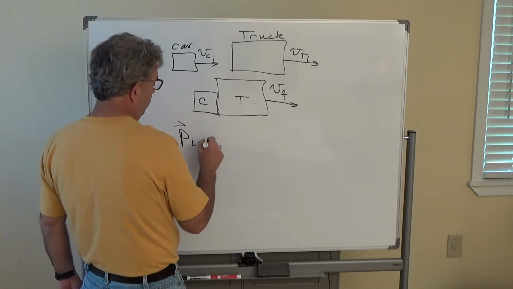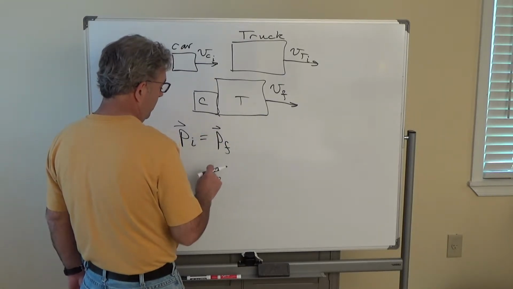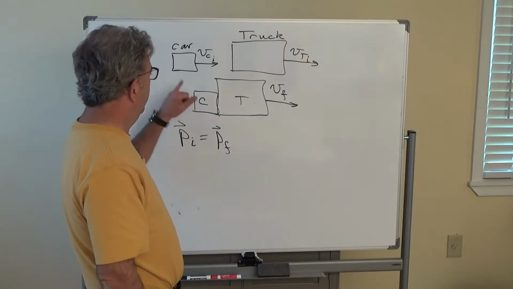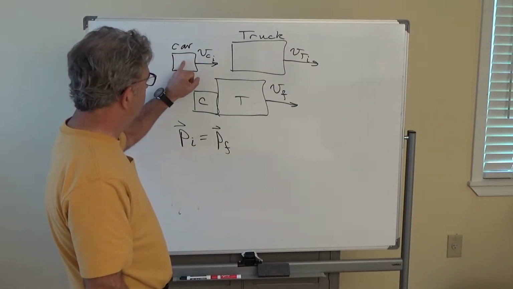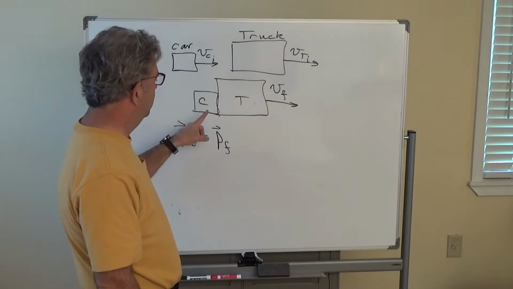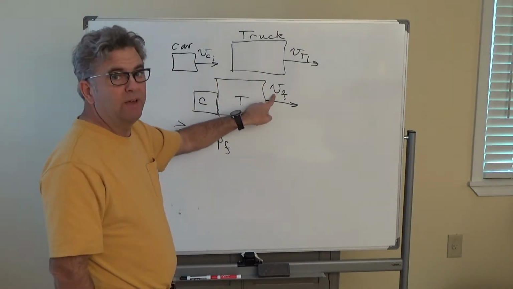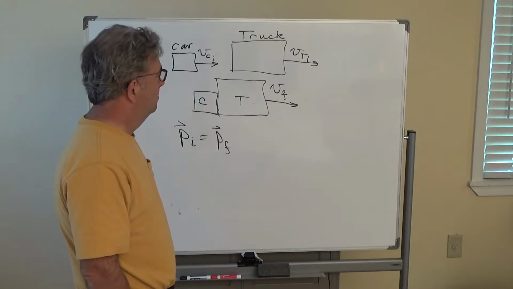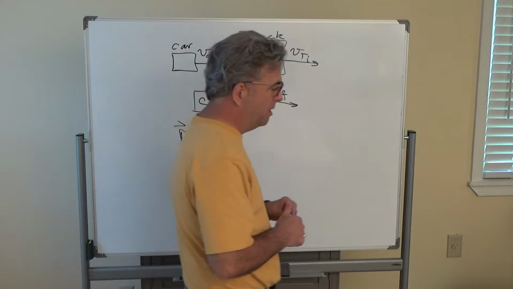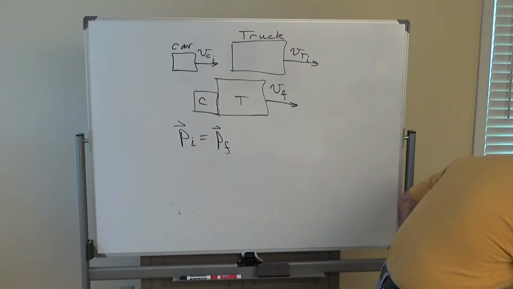P initial is equal to P final of the system. So the initial momentum is going to be the momentum of the car plus the momentum of the truck. The final momentum is going to be mass of the car plus mass of the truck times that final velocity. That's conservation of momentum.